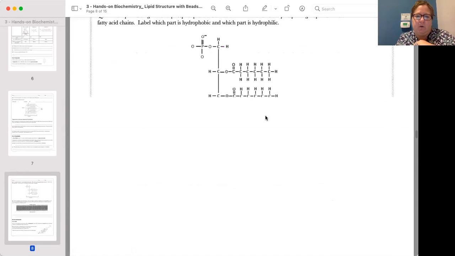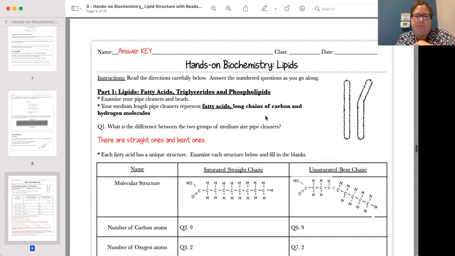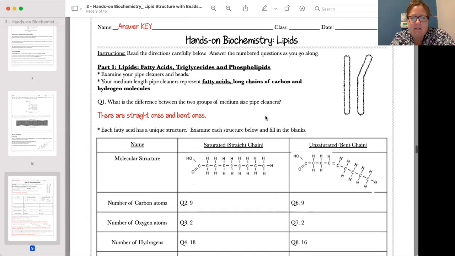We had some that were straight, as straight as it can be with pipe cleaners, and some that were bent. Each fatty acid has a unique structure.